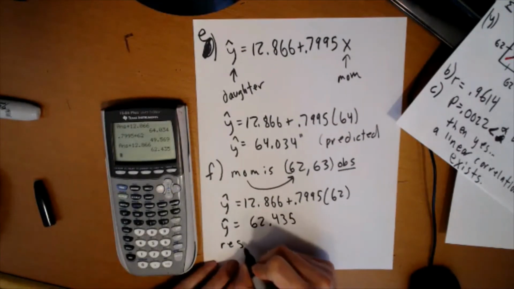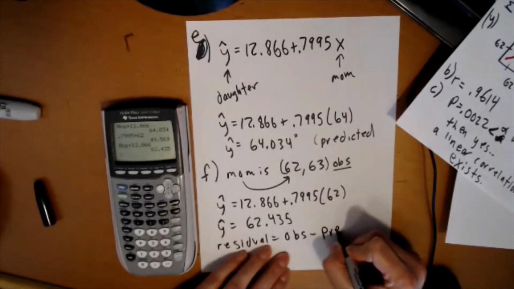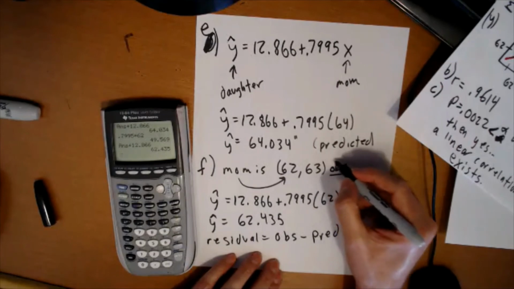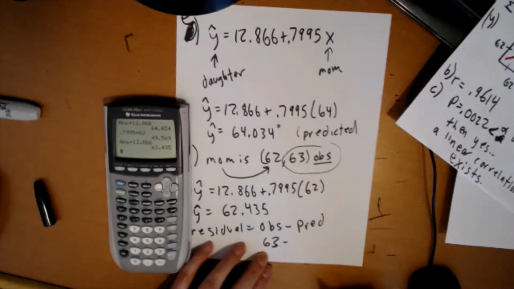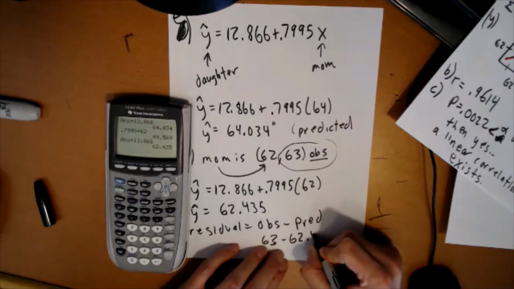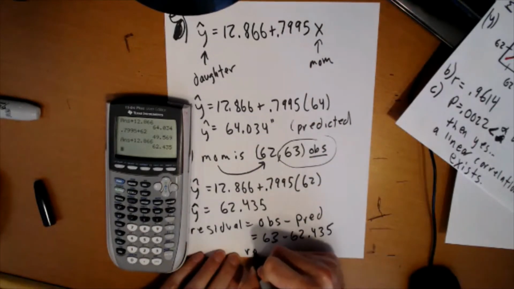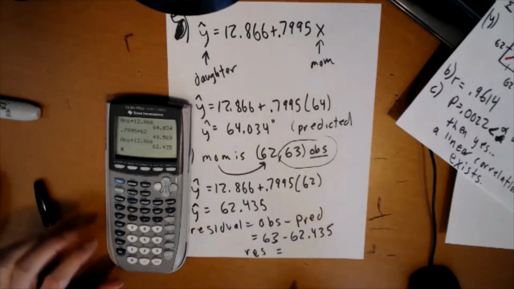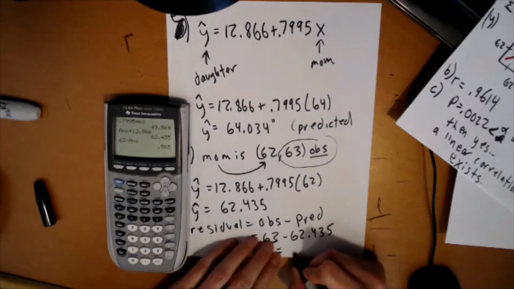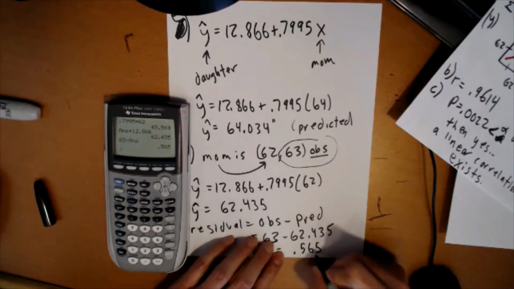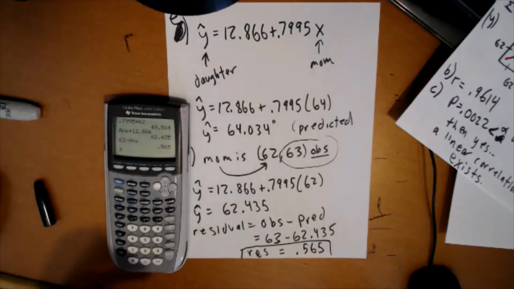The residual is the observed minus the predicted. So the observed daughter height was 63 minus the predicted 62.435, and so that gives us a residual of positive 0.565. Let's see what that means.